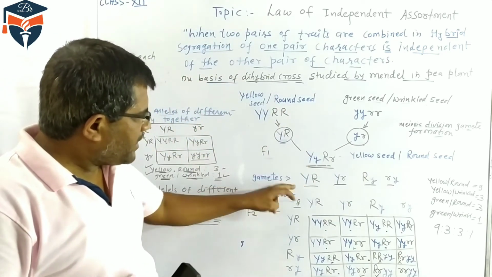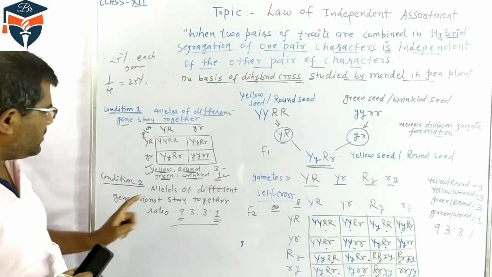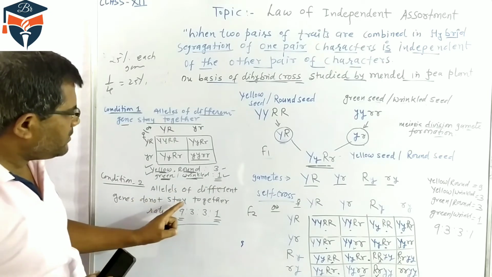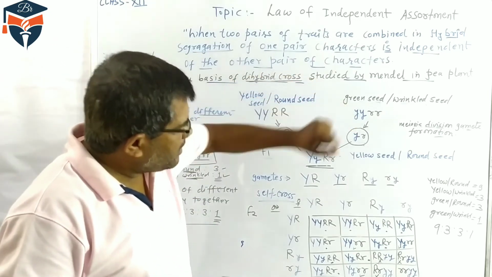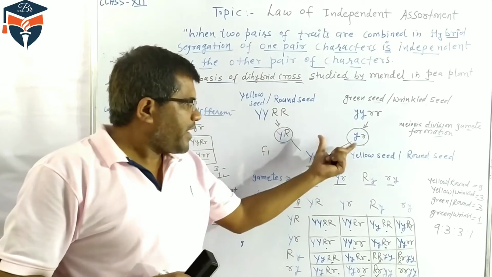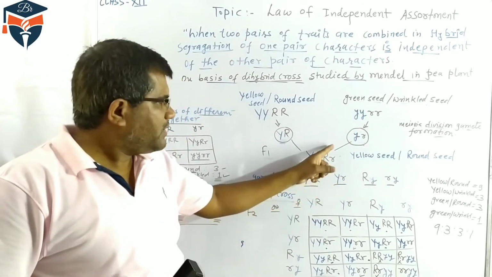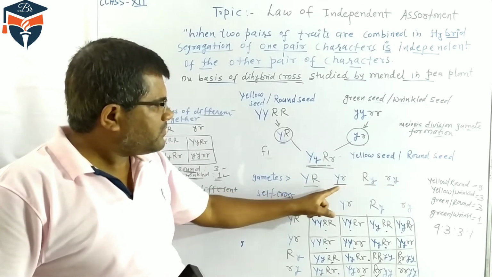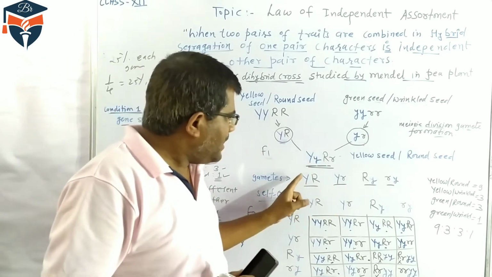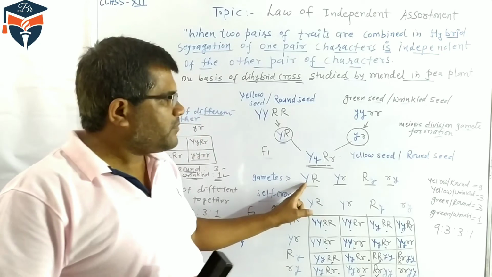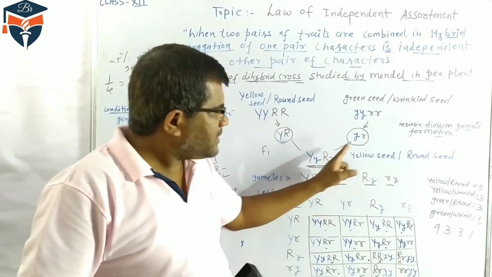When they form the gamete, alleles of the different genes do not stay together. Here, according to the law of segregation, what happened? The alleles come together, but they do not mix up, and they segregate during the formation of the gamete. So when gamete formation takes place, the alleles are segregated.